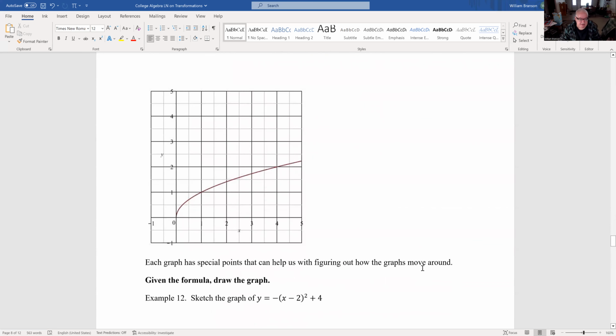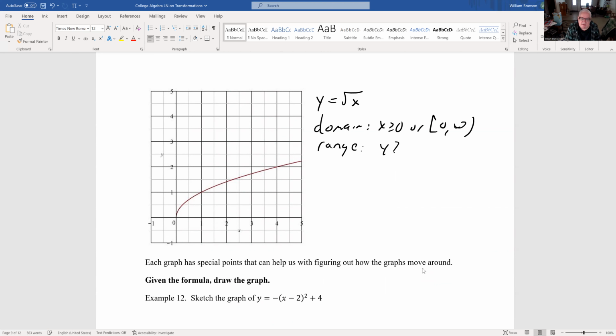And then finally, this is the square root function. Y equals square root of x. Domain, x greater than or equal to 0, or 0, infinity. Range, y greater than or equal to 0, or 0, infinity, right?